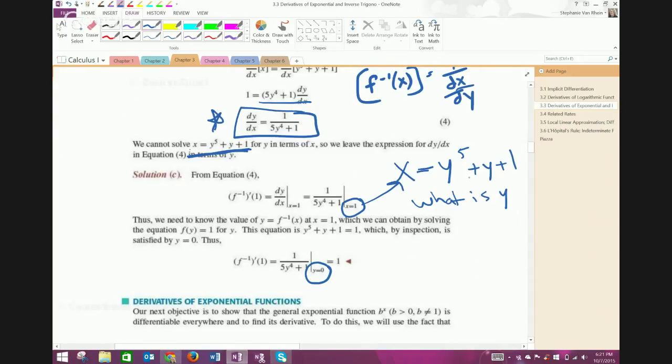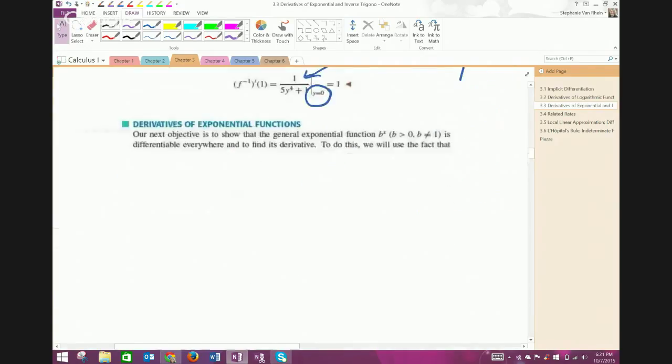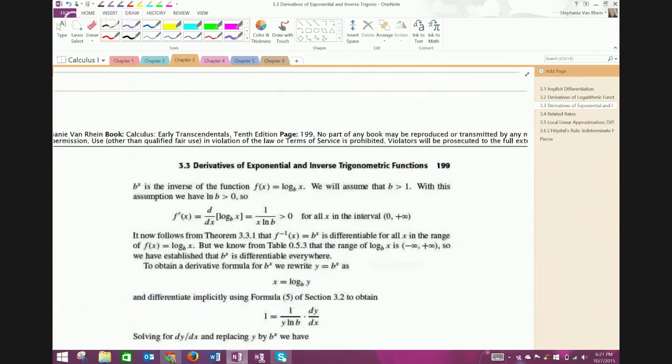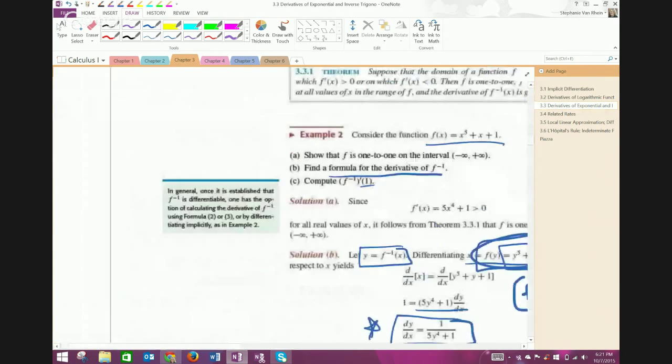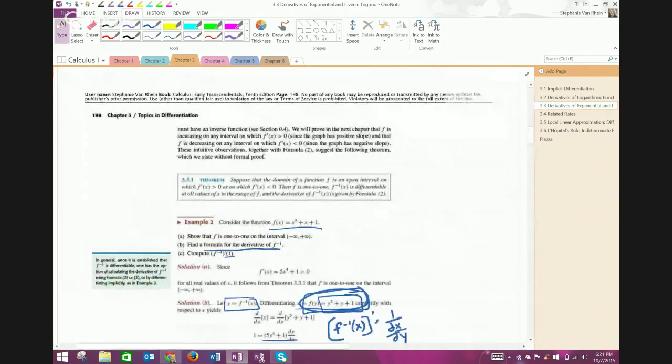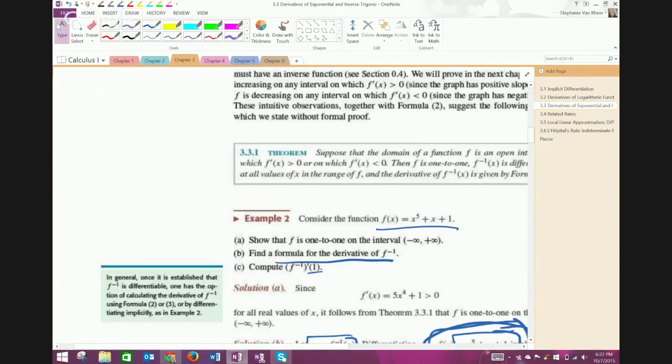Well, y would need to be 0. So that's what I'm plugging into that derivative of the inverse. Hopefully that helps explain what's going on in those two cases.